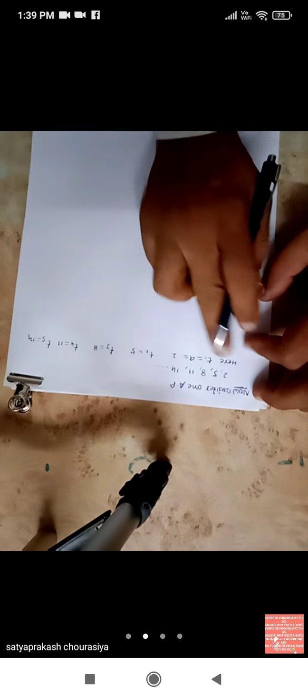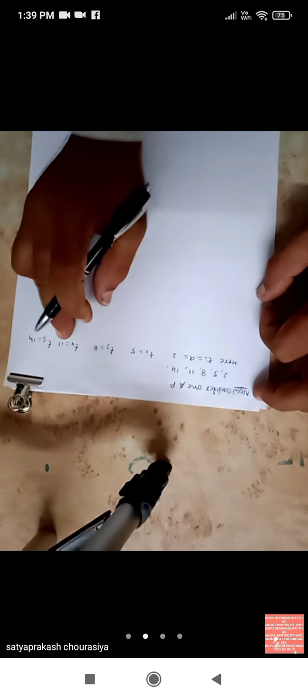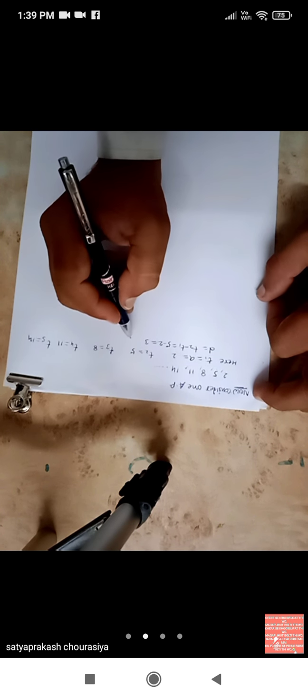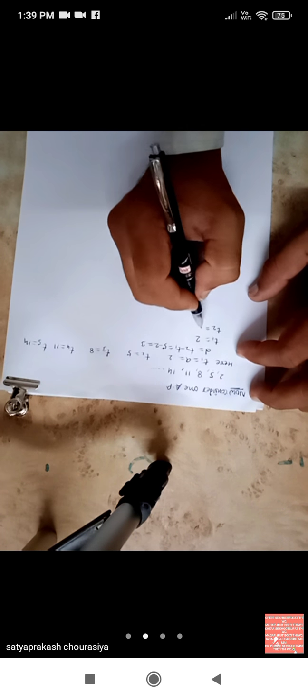So here the terms are 2, 5, 8, 11, 14. The common difference d is equal to T2 minus T1, so 5 minus 2 is equal to 3. Now see, T1 is equal to 2 and T2 is equal to 5, already written here.